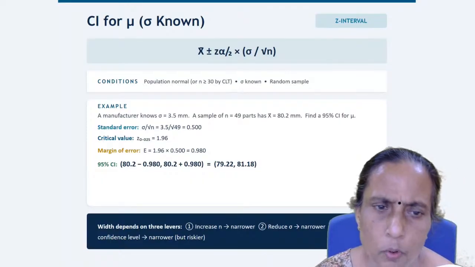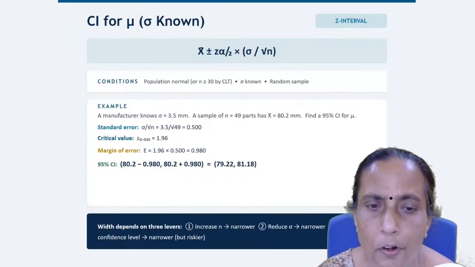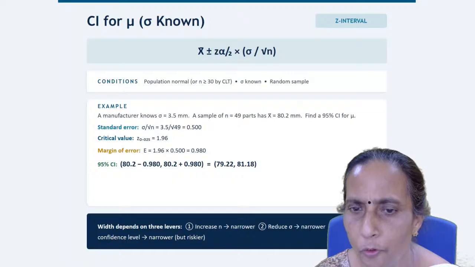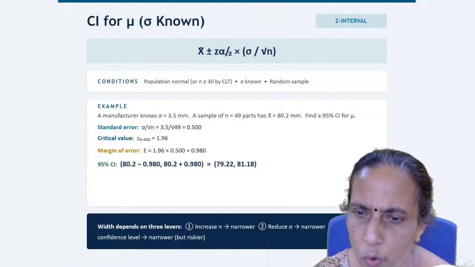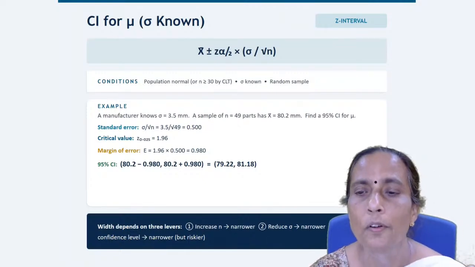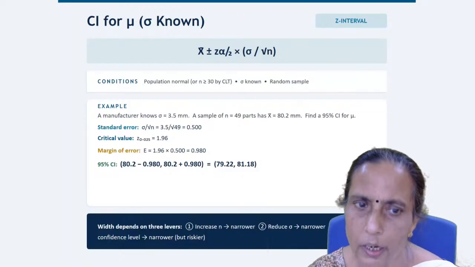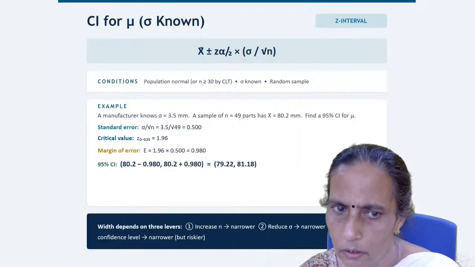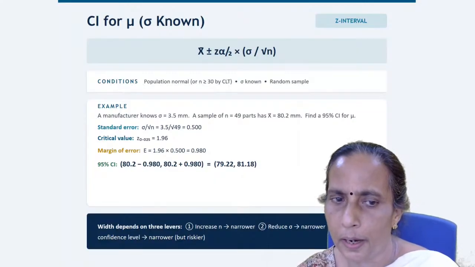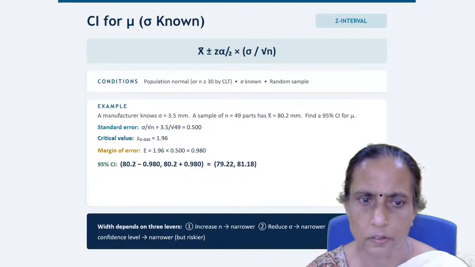For example, suppose a manufacturer knows that the standard deviation is 3.5 mm. A sample of 49 parts has a sample mean of 80.2 millimeters. We have to find a confidence interval for the population mean. Our standard error will be sigma, that is 3.5, divided by the square root of n, that is the square root of 49, that is 3.5 by 7, which is this much.